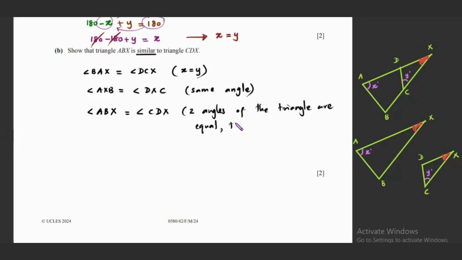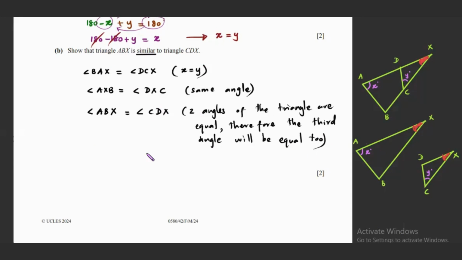Therefore, the third angle will be equal to. So I can reason out like this.